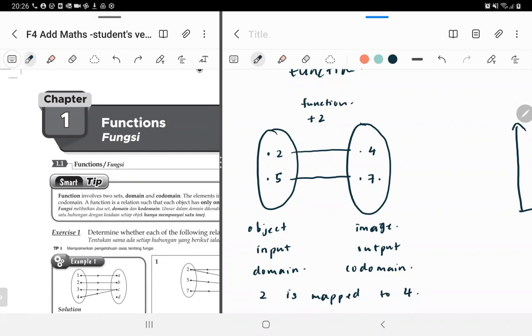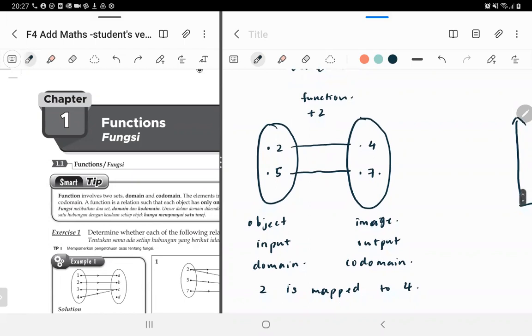If we write it normally, this is X, and this is Y. When we want to write their relationship, we say that Y equals X plus 2. So the X value plus 2 will equal Y. You will get Y. Easy, huh?